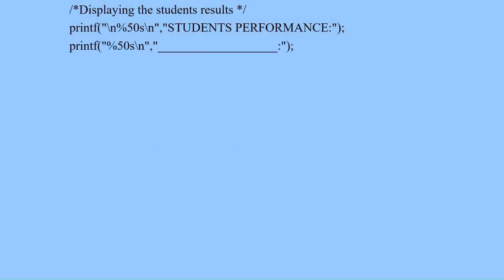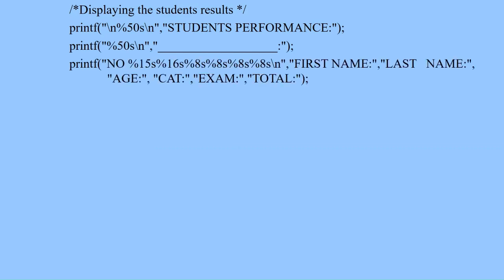So we then display the student's results. We write out this heading, student performance, formatted with left spaces. We also print out an underline. And then we display this statement: number, NO, first name, last name, age, cat, exam, and total.